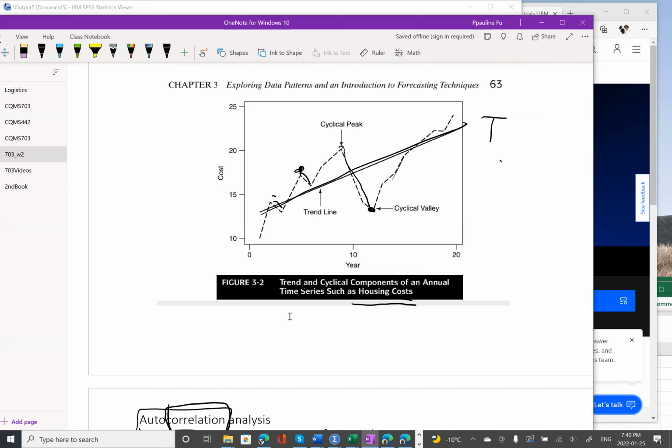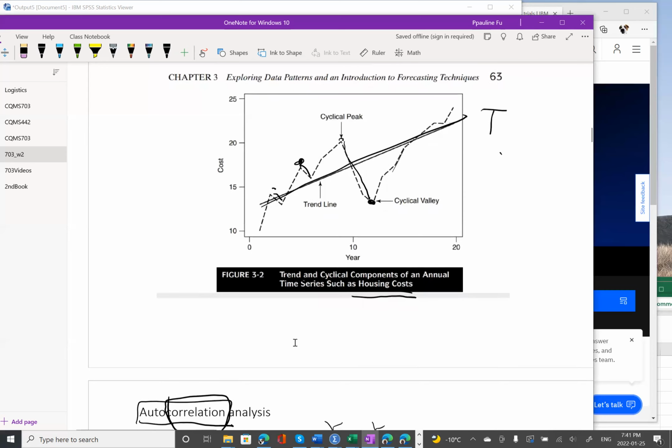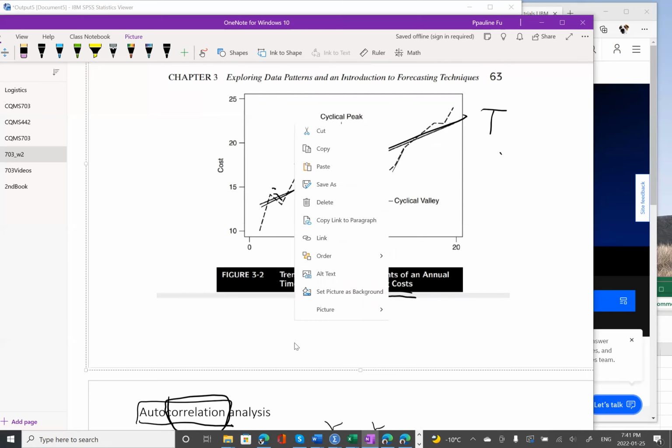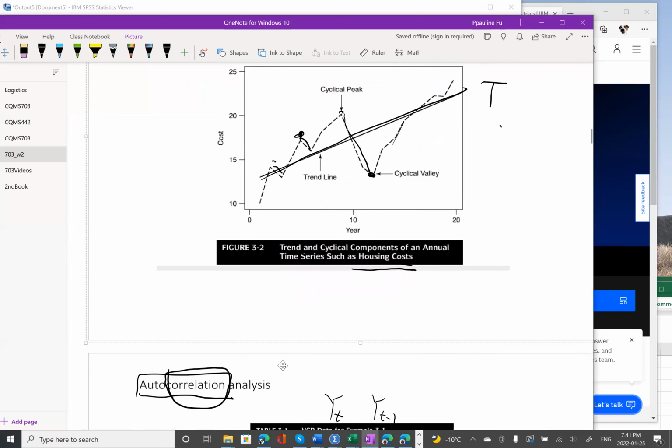For example, this year's January data may be similar to next year's January data, and this year's April data similar to next year's April data. So it is seasonal. We'll use more techniques to explore the differences between cyclical data and seasonal data later in chapter 5, when we do data decomposition. We'll learn further. Thank you for your question.